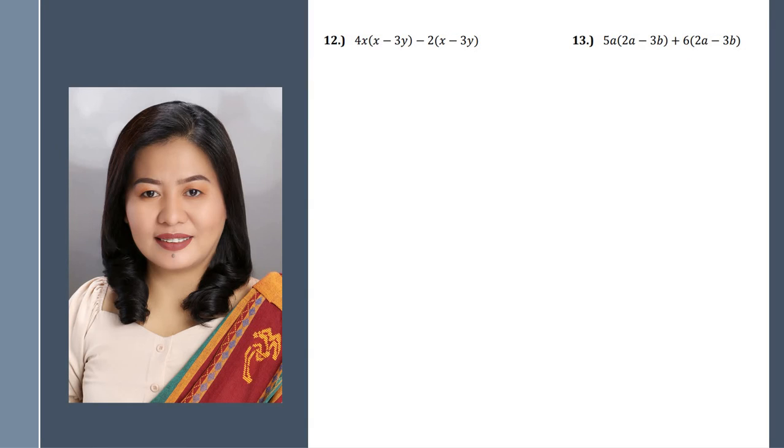Number 12 is 4x times (x minus 3y) minus 2 times (x minus 3y). Looking at the first term and the second term, we can see that x minus 3y is the common term.